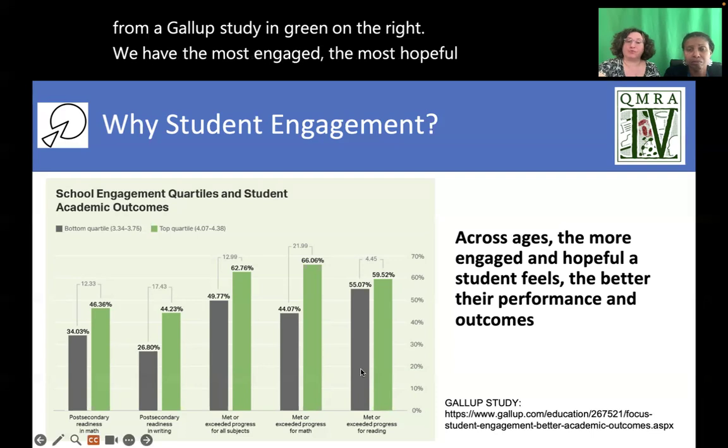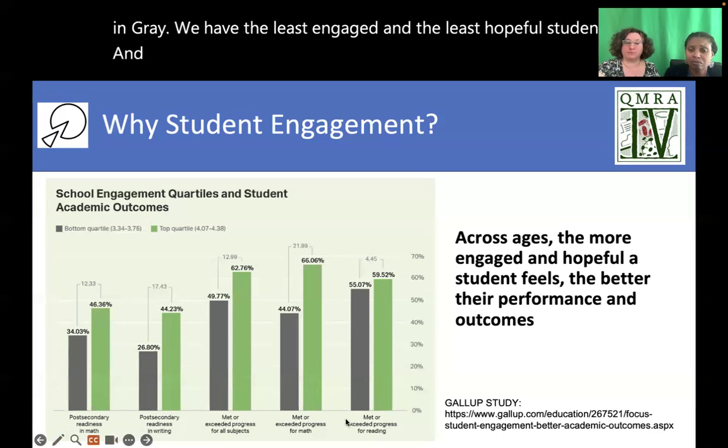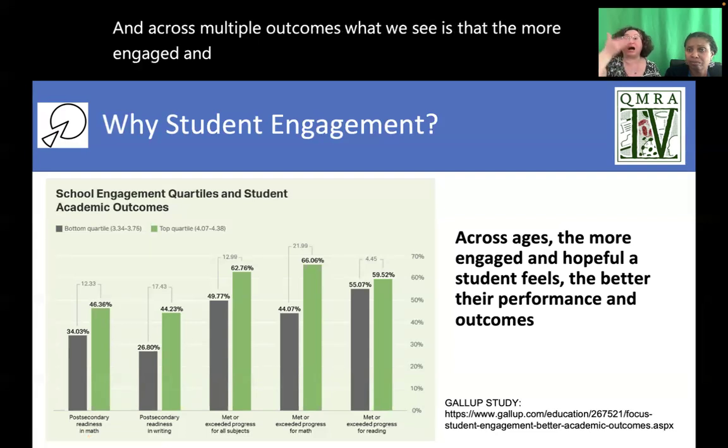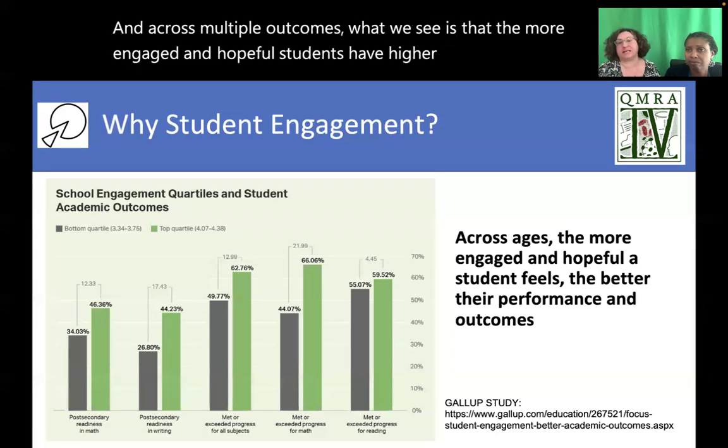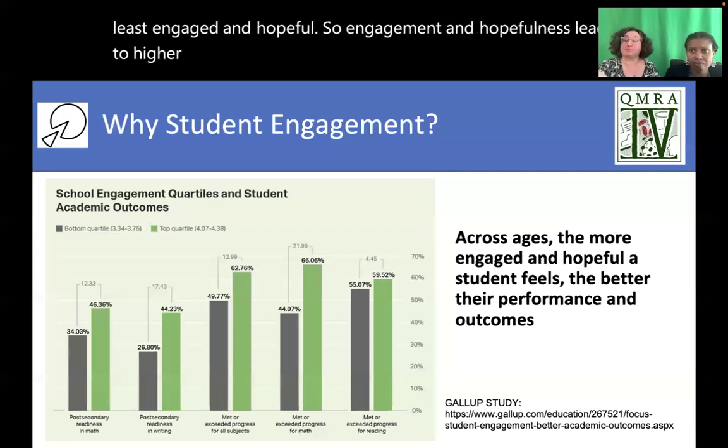On the left in gray, we have the least engaged and the least hopeful students. And across multiple outcomes, what we see is that the more engaged and hopeful students have higher outcomes than the least engaged and hopeful. So engagement and hopefulness lead to higher performance and better outcomes.